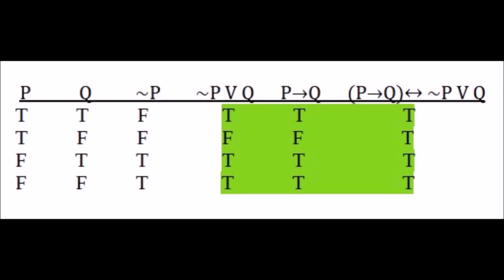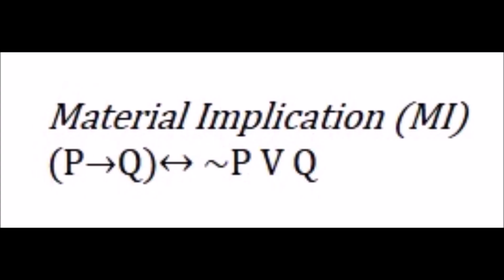Hence, we have this truth table here to prove P implies Q, double arrow, not P or Q. In this case, the validity of the biconditional is shown by the fact that it is always true in every row, because at the same time its constituents always end up having the same truth value. And so we now have the equivalence known as the rule of material implication. A conditional proposition is materially equivalent to the disjunction of the negation of the antecedent and its consequent.